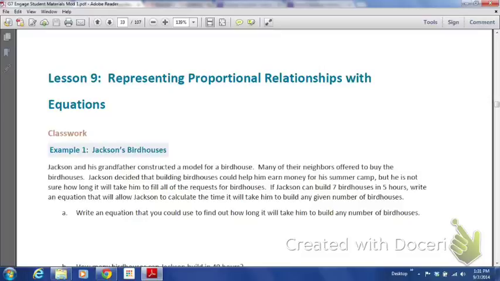Okay, so first thing we have here is example 1, Jackson's birdhouses. In this lesson, we're going to have you start writing equations in two variables, writing your own equations.